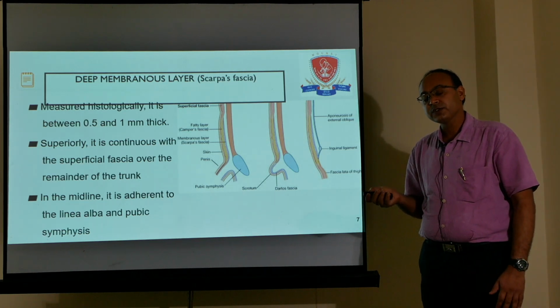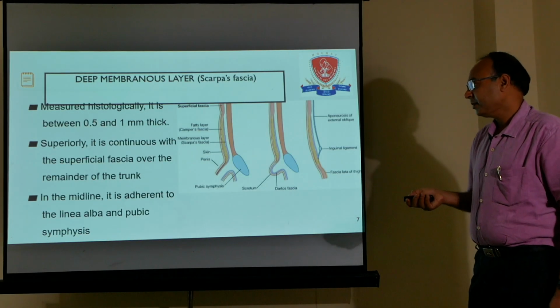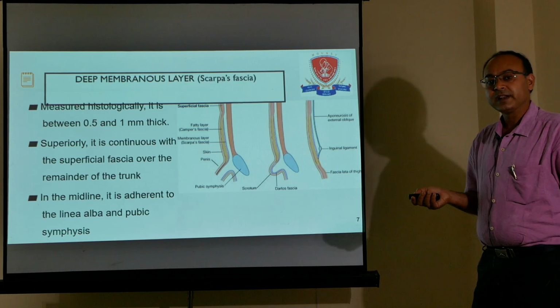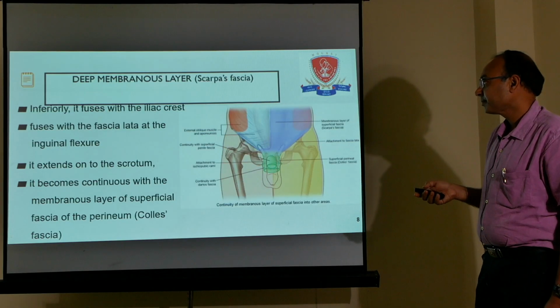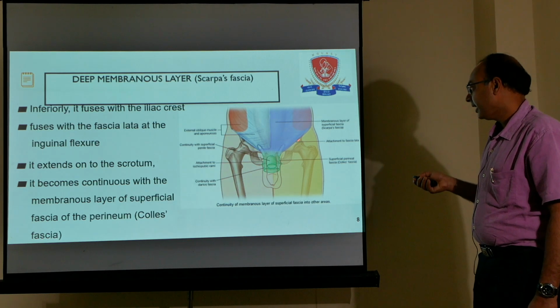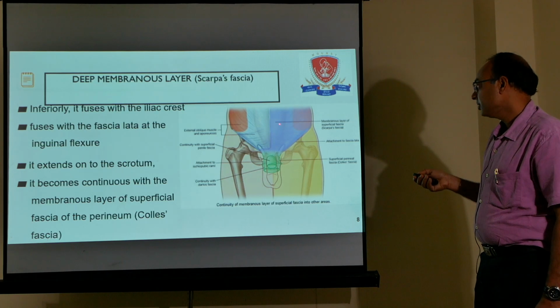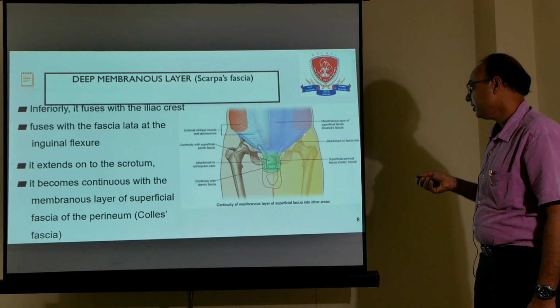Superiorly, it continues as a superficial fascia over the remainder of the trunk. In the midline, it is adherent to the linea alba and the pubic symphysis. Inferiorly, it fuses with the iliac crest. So this deeper layer of the superficial fascia fuses with the iliac crest.